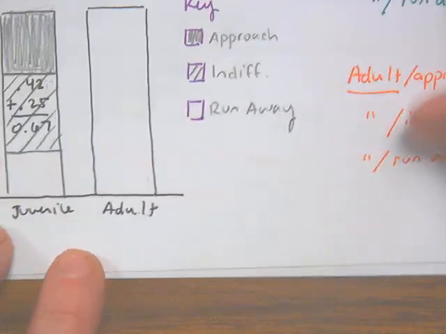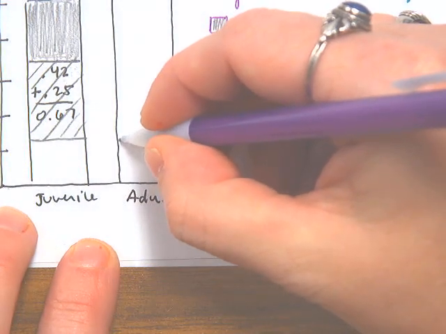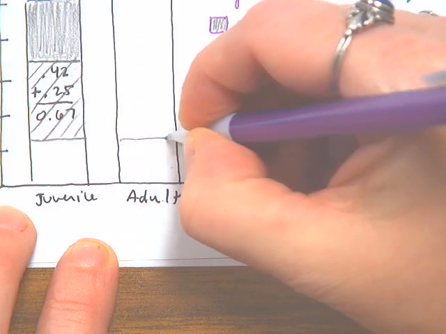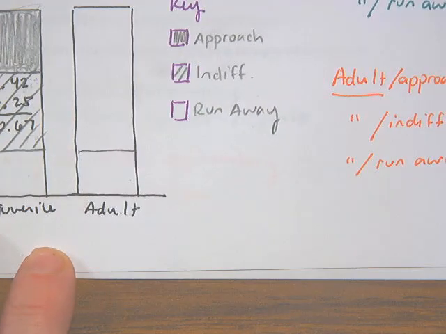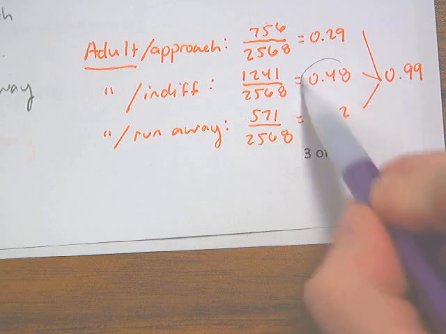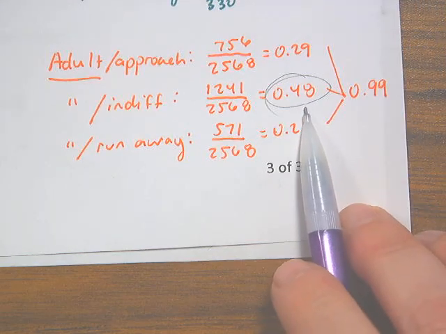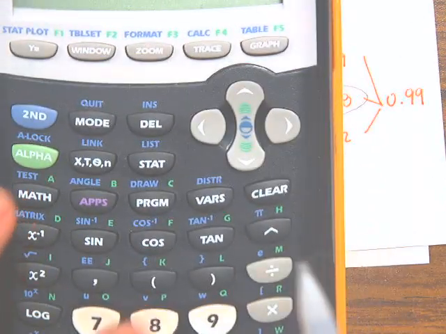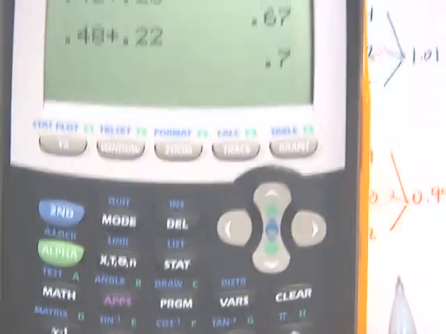So go up to 0.22 for runaway. And for indifferent, we're going to add 0.48 to 0.22. That takes us all the way up to 0.7.